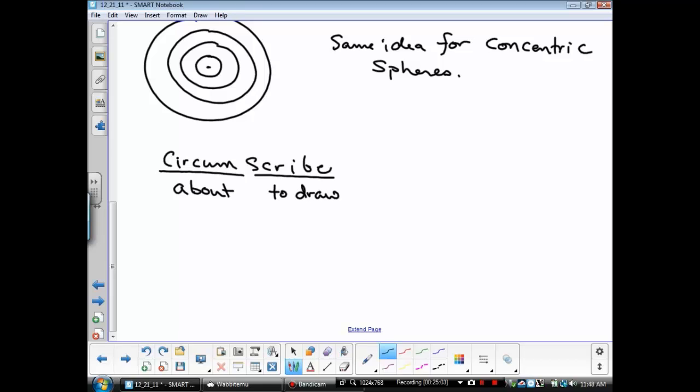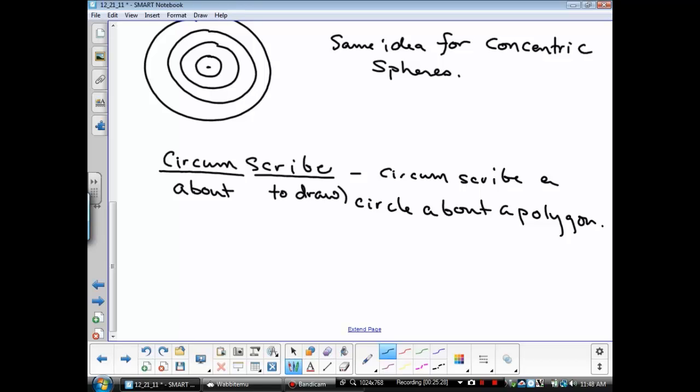So, if I want to circumscribe a circle about a polygon, here we have a triangle. If I want to circumscribe a circle about that triangle, I'm going to draw a circle around the triangle.